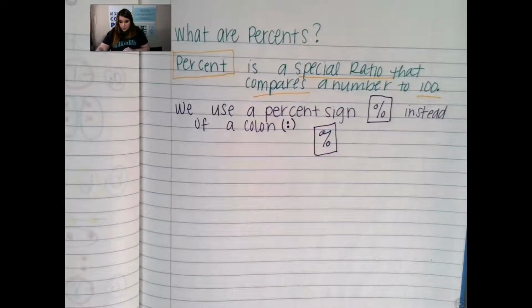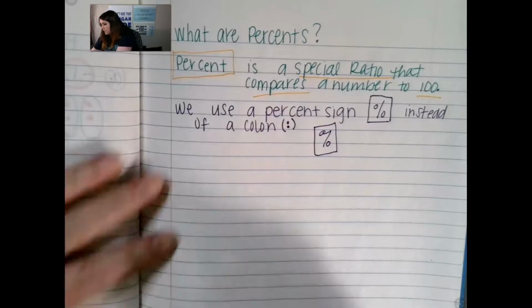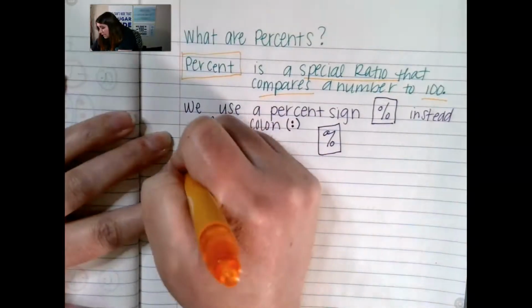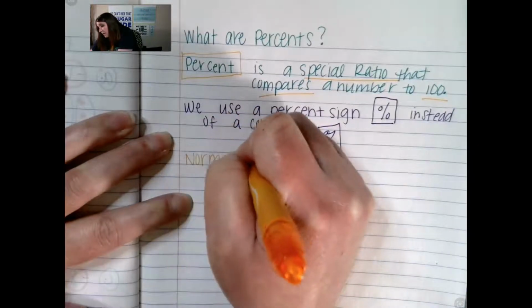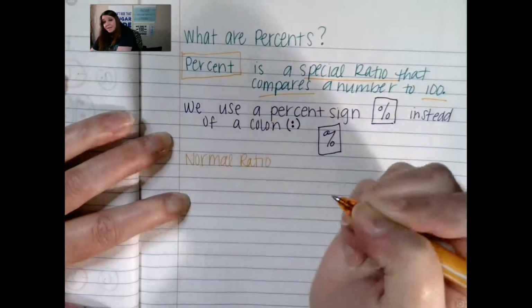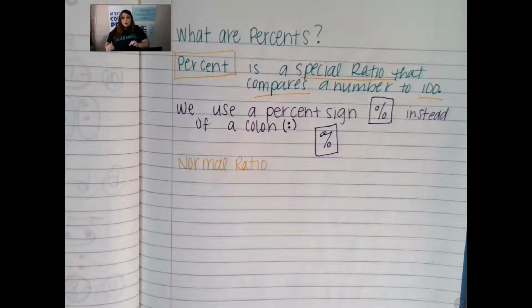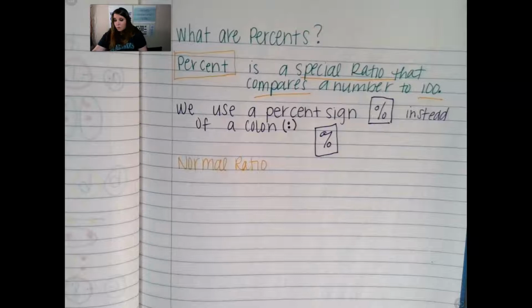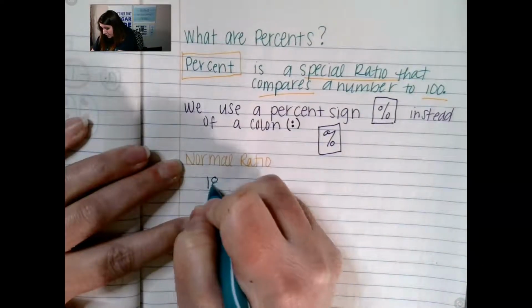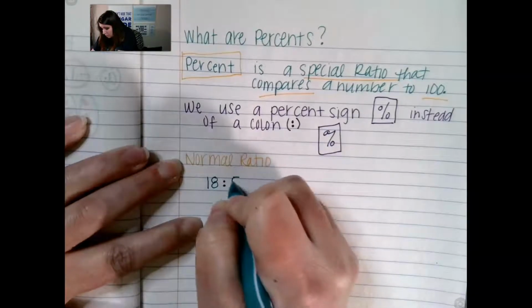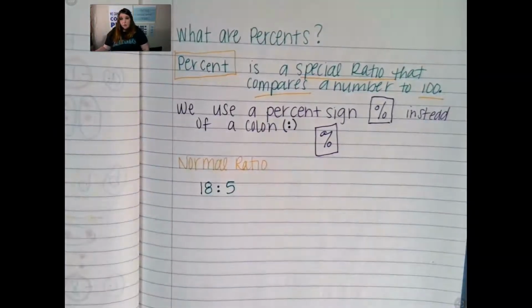All right, so if we were writing a normal ratio like we did back in chapter 3, we would write them like this: 18 compared to 5. There's your colon.